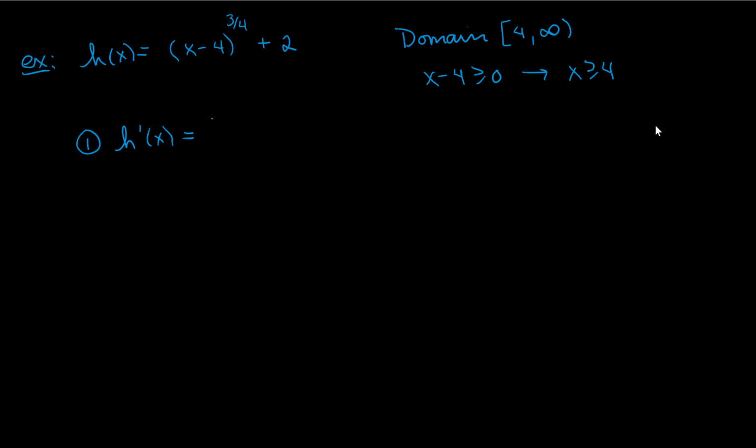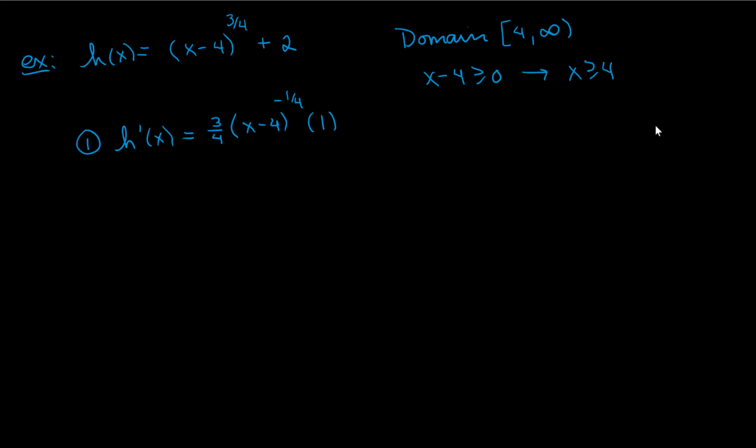So our derivative is going to be 3/4. Just going to copy the inside down. Subtract 1 from the exponent. It's going to be a negative 1/4. Now be careful because, using the chain rule, we need to do the derivative of the inside. In this case, it's just 1.